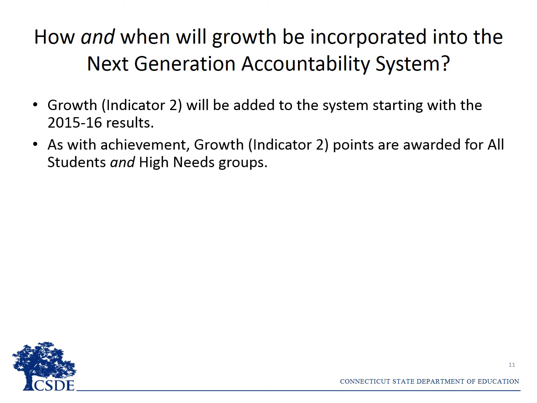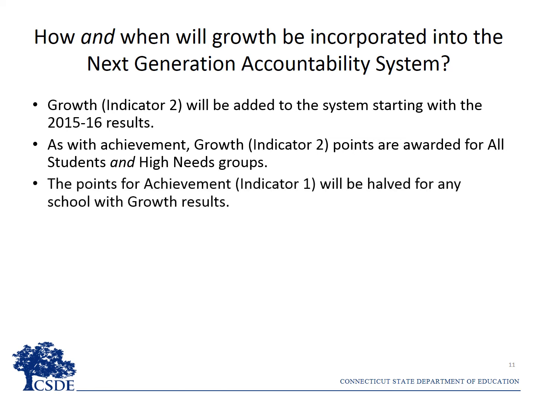As is the case with the achievement indicator, growth points are awarded for the all students and the high needs groups. For any district or school with growth results, the points for the achievement indicators will be cut in half. As a result, growth will carry slightly more weight than achievement in the accountability system.